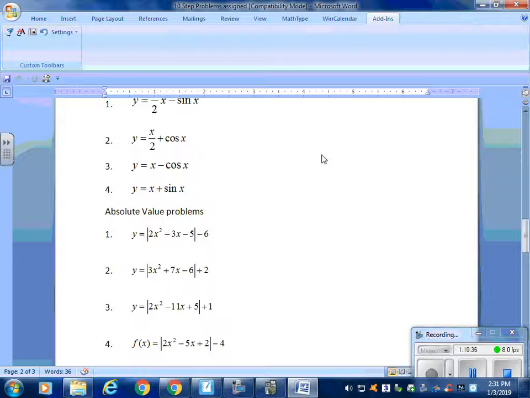The first 3 of those you're matching a graph. The second 2 you're doing a table. And then I think I'm going to assign y'all 12, 20, and 26, and 30.